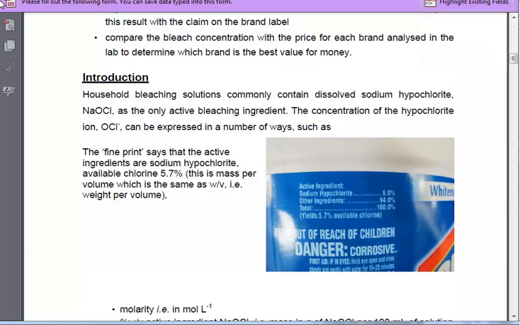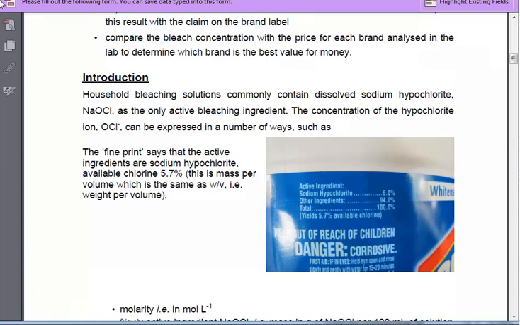Now, it's very often the case that in commercial products they don't use moles per litre when writing the active ingredients on bottles or containers. They're much more likely to use weight, that's mass, percent, which means in 100 millilitres. So it's weight in 100 millilitres, weight to volume, percentage.